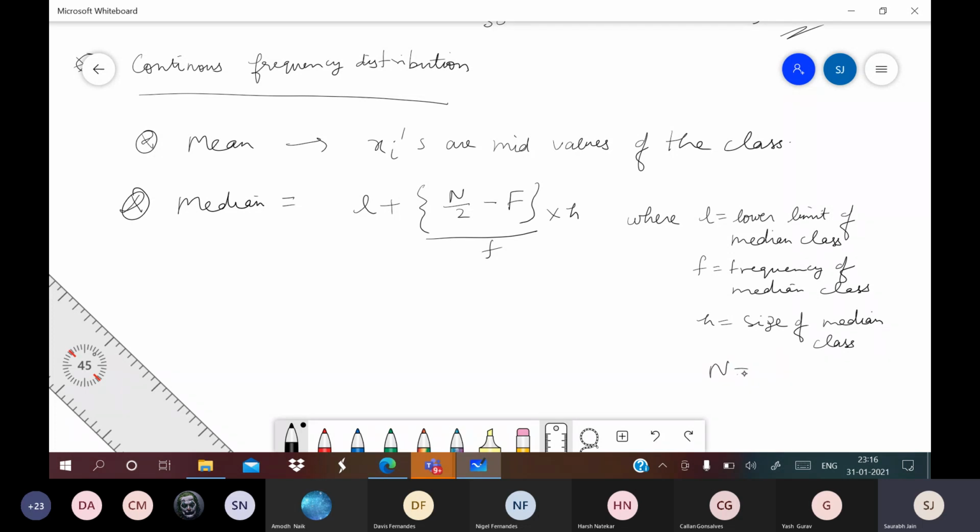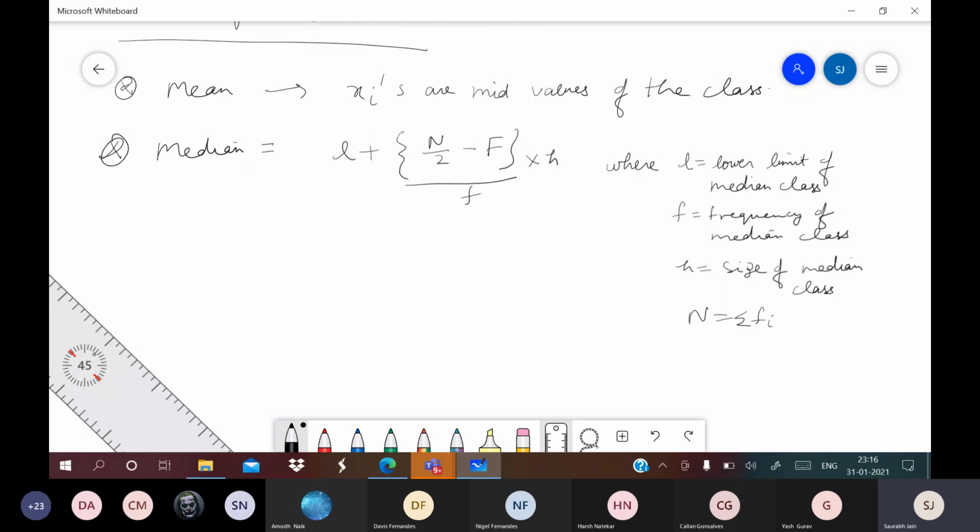And n you already know is sigma fi. And what is capital F? Cumulative frequency of the class preceding the median class. See, I have to tell you all these things, though you were supposed to know this.